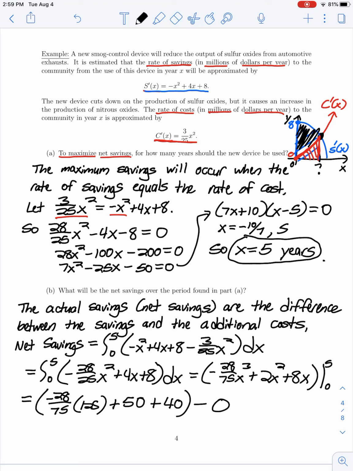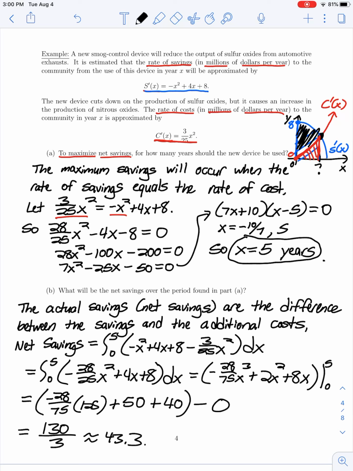So we're left with 90 minus 28 times 125 over 75. After a little simplification, this gives us 130 over 3, or approximately 43.3.